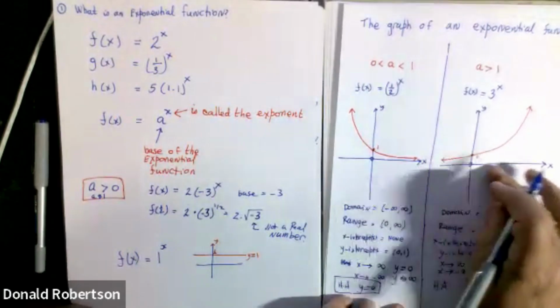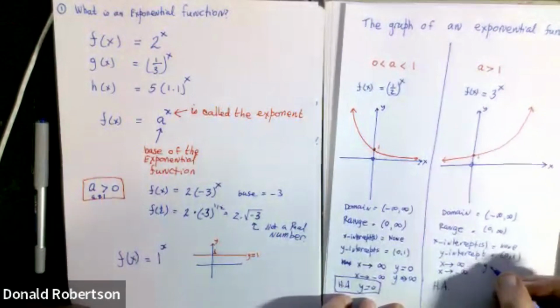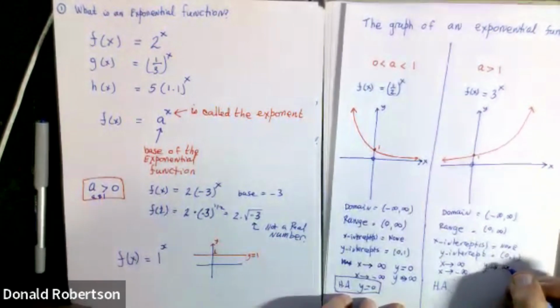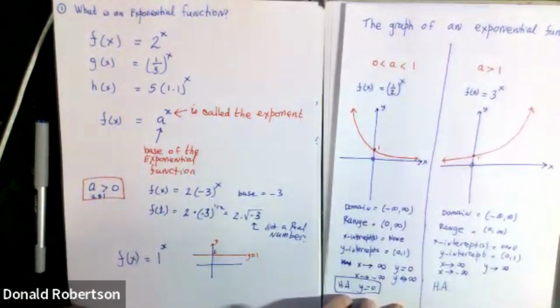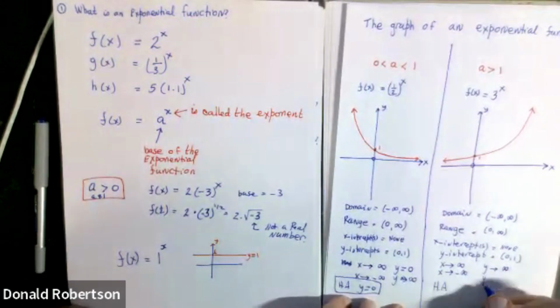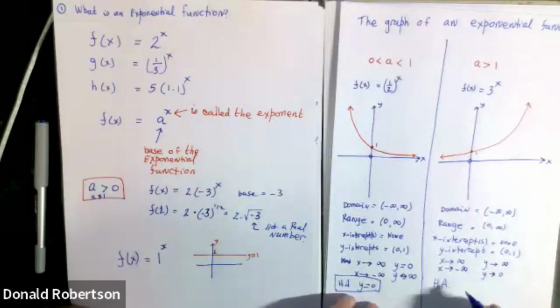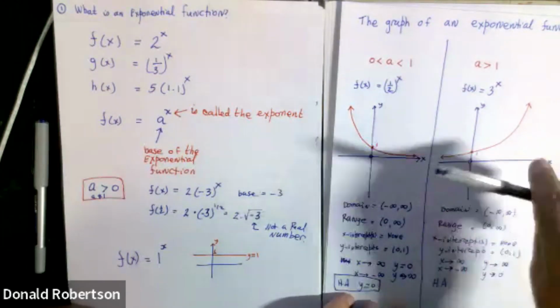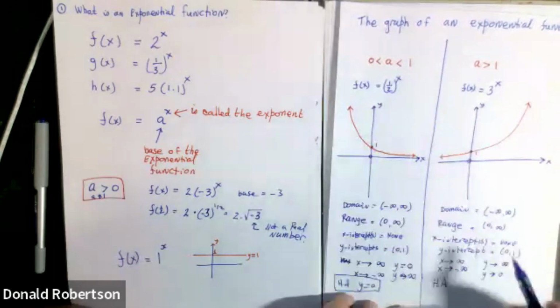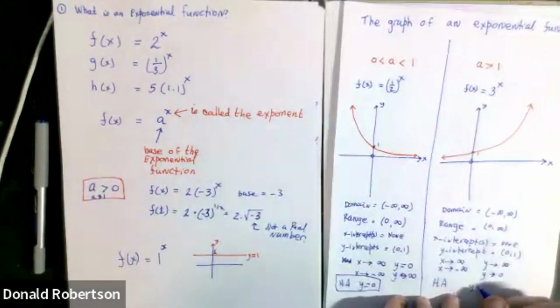As x tends to infinity, the y value becomes huge, infinite, and as x tends to negative infinity, the y value tends to 0, or equals 0, you could say. Now, the horizontal asymptote is on this side, but it's still y equals 0.